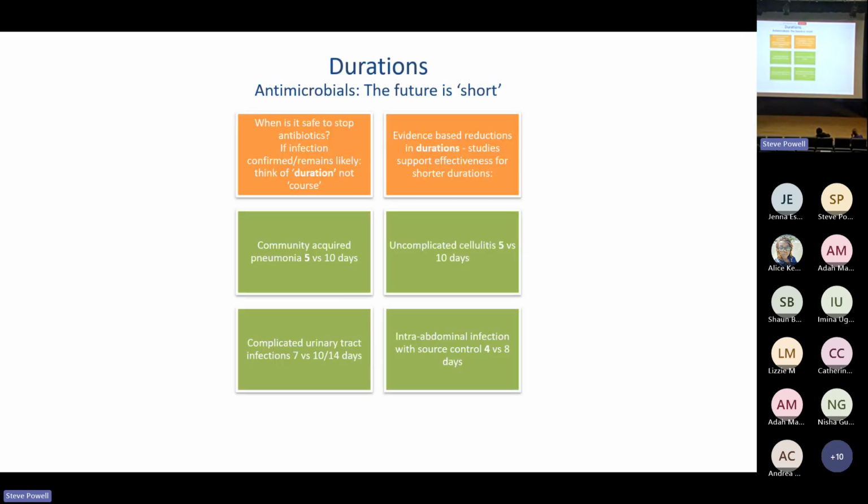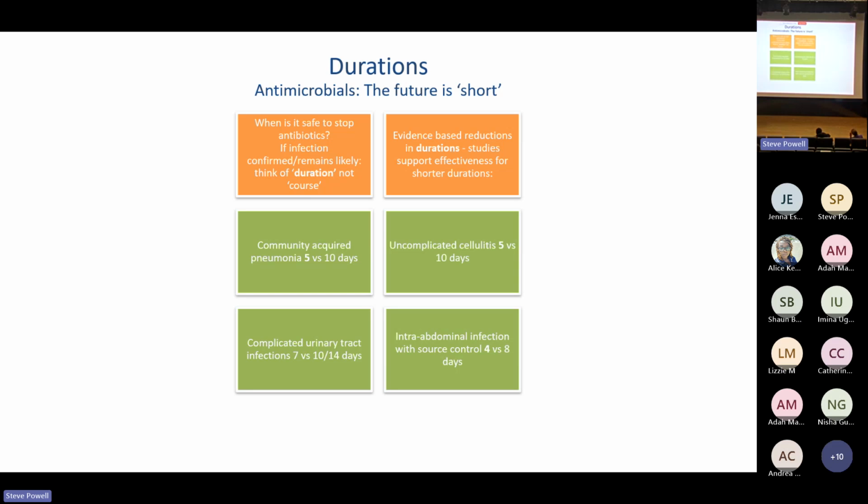Right, you almost think there was a script there, wouldn't you? Lots of important things. Take the specimens first. Durations he mentioned. So we try and move away, I think, from using the term course. Course invokes notions of, well, there is a course and it's a copy and paste for everybody. It isn't. It might be in some settings, primary care may be included in that.